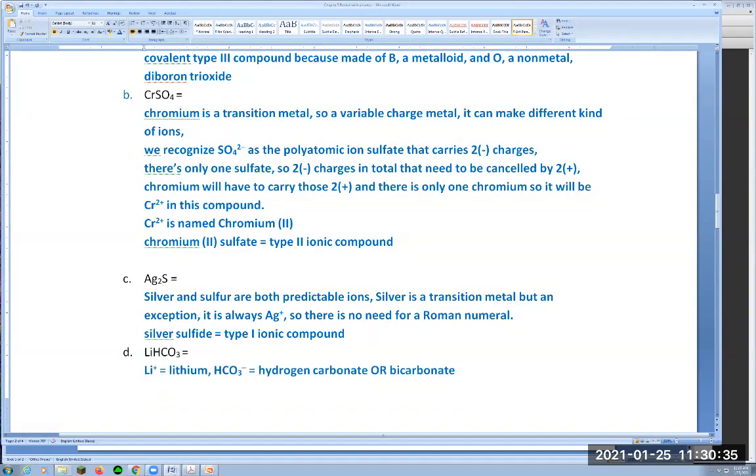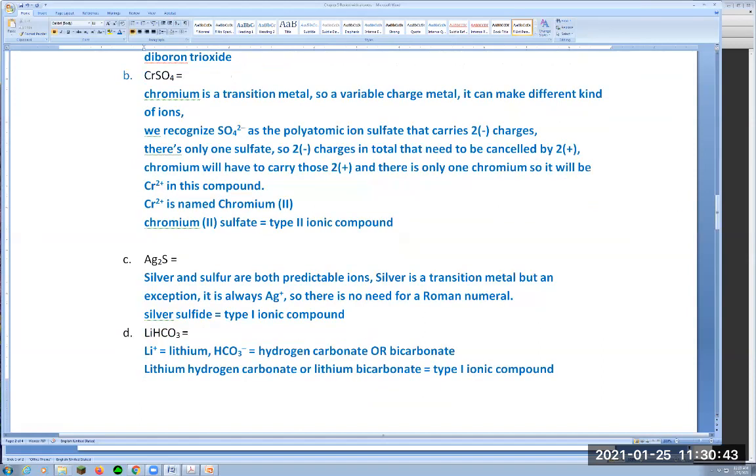So together it's going to be lithium hydrogen carbonate or lithium bicarbonate. And we don't need a Roman numeral because it's a type 1 ionic compound, right? Lithium is group 1A. It's a predictable ion. So that's an easy one.